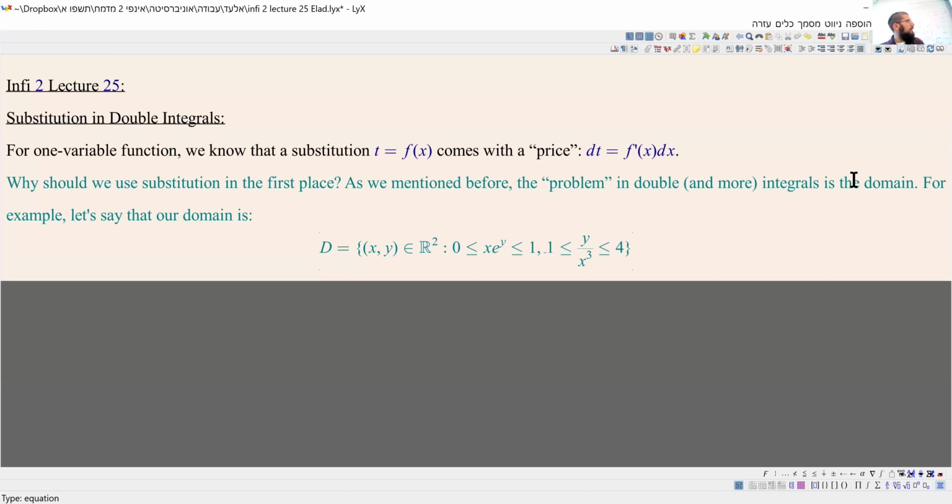So this domain is defined by not so trivial lines in the plane.